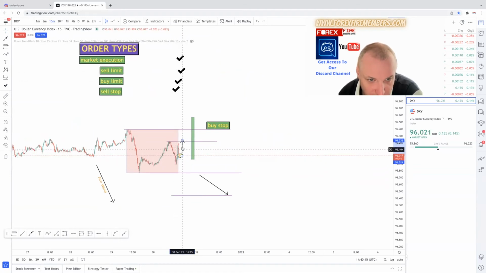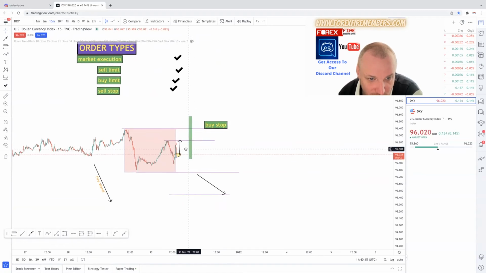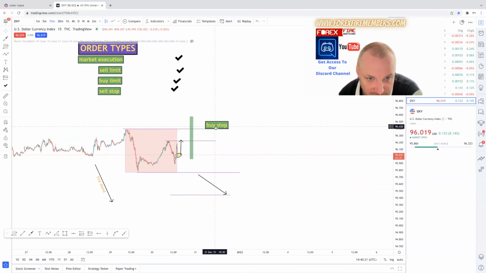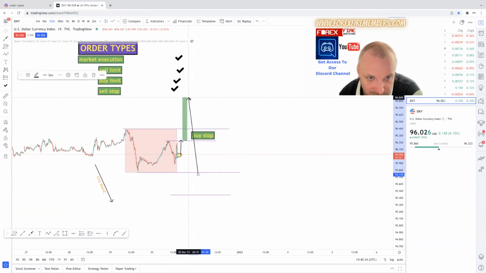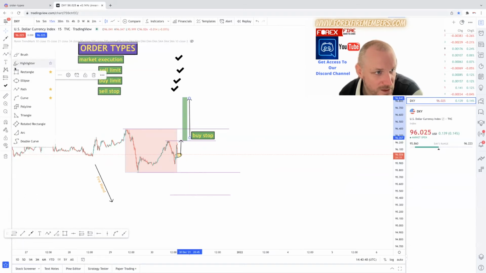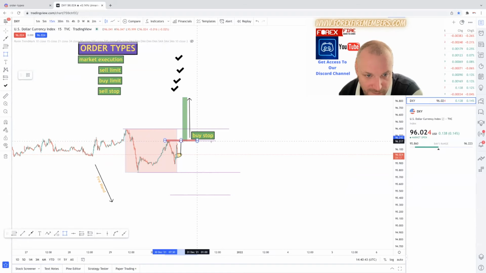If we get a pullback on price and price continues up through this area, and we put a pending order for a buy stop, again, the order will not become active until you get a continuation through that level that you're anticipating, which is this here, being your entry level.